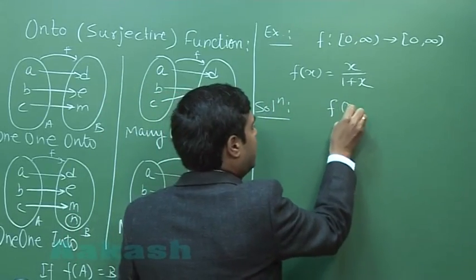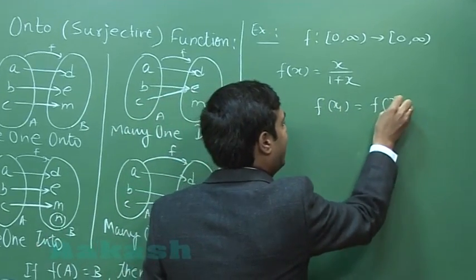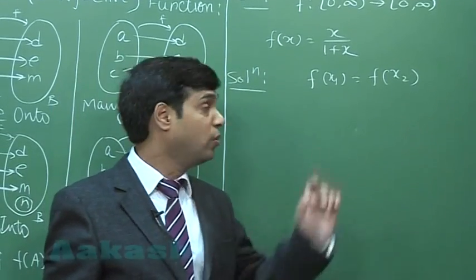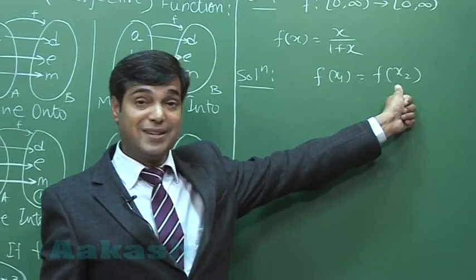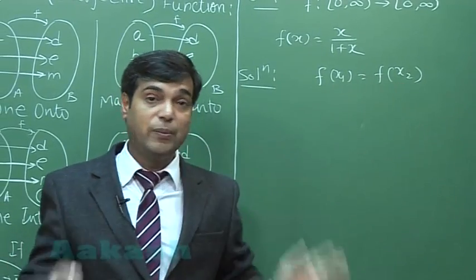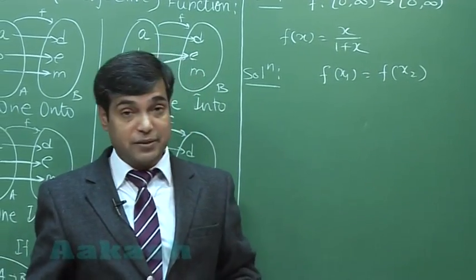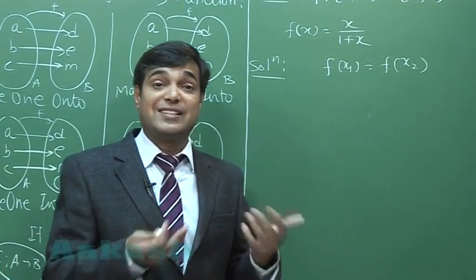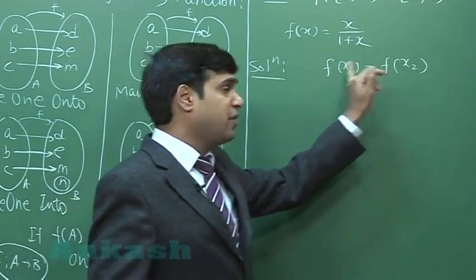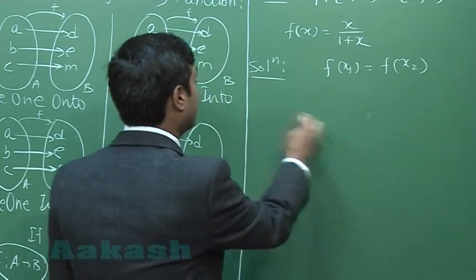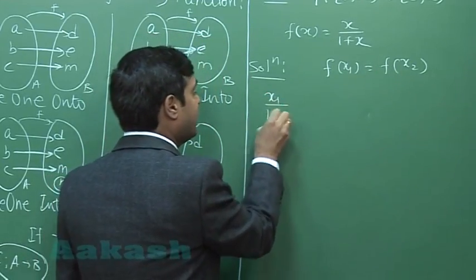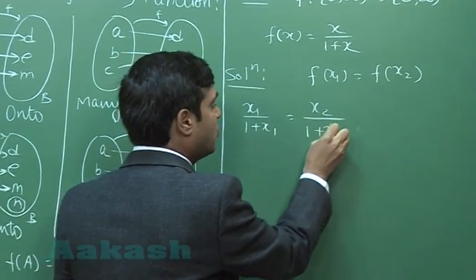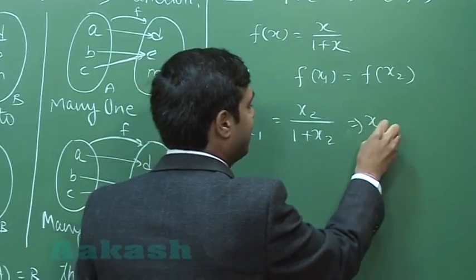For 1, 1, let us say we write f(x1) equals f(x2). When I say f(x1) equals f(x2), I use x1, x2 as algebraic terms, not numerical values, because if the function is 1, 1, you will never get 1 equals 2. So you will get some not acceptable results in that case. So it's better to go with the algebraic terms. x1 upon 1 plus x1 equals x2 upon 1 plus x2.